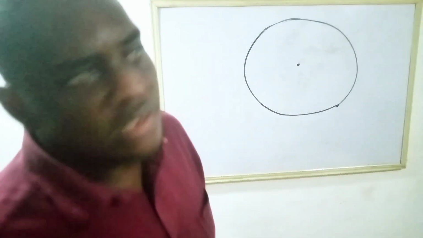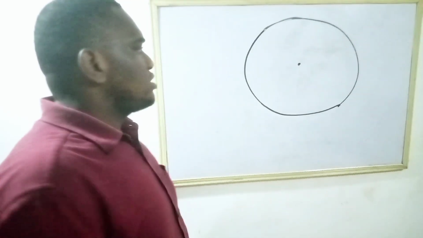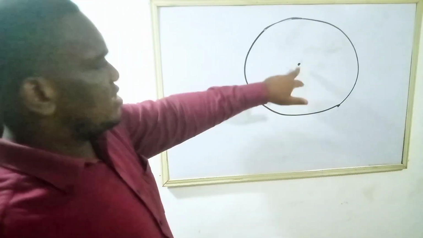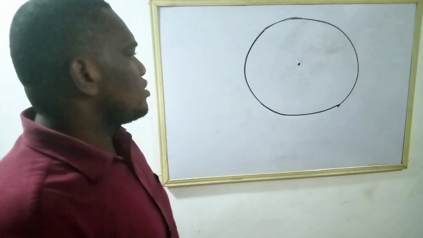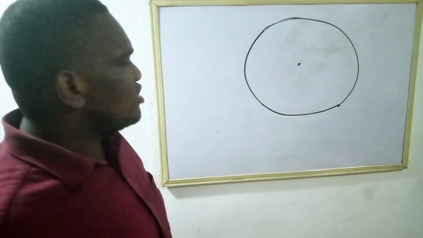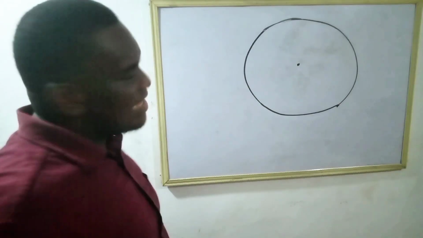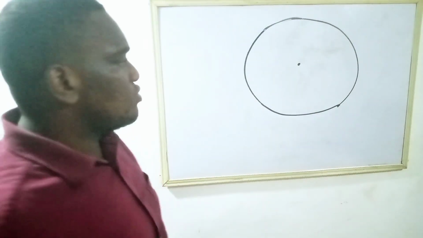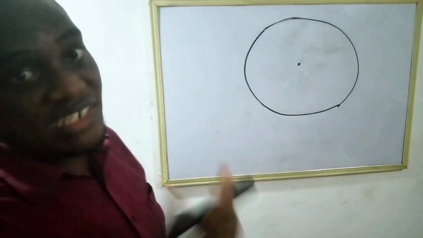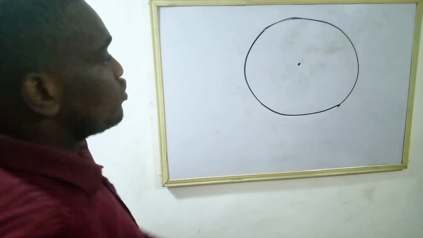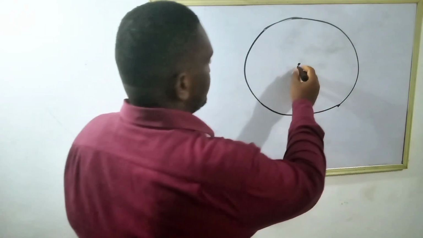Drawn on the board is a circle, and I want to assume that this is the center of that circle. What I need to do is to make sure that there is an angle subtended at the center of the circle. For me to produce an angle subtended at the center, all I need to do is draw two lines just like this.